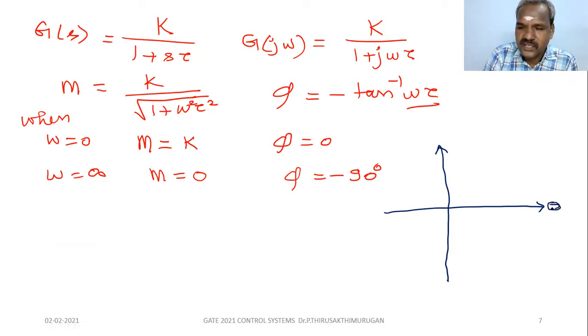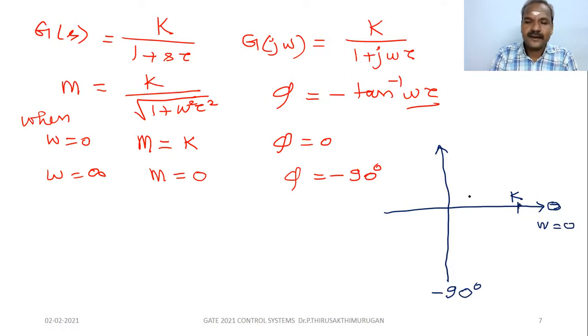So the plot starts at K with phase angle 0. As omega varies towards infinity, the magnitude goes to 0 and the phase angle is minus 90. The minus sign indicates the locus path moves towards the negative side, but it terminates at magnitude 0 when omega is infinity.